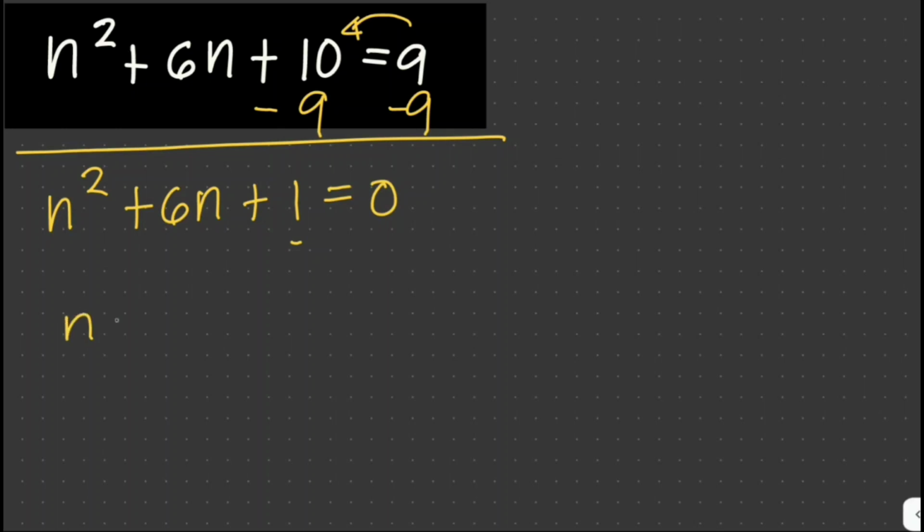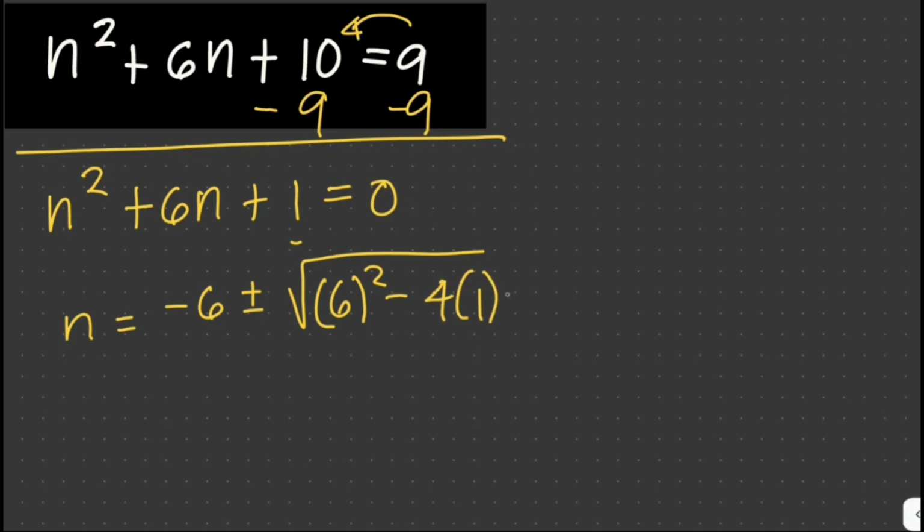So this would be n equals negative 6 plus minus the square root of 6 squared minus 4 times 1 times 1, over 2 times 1.